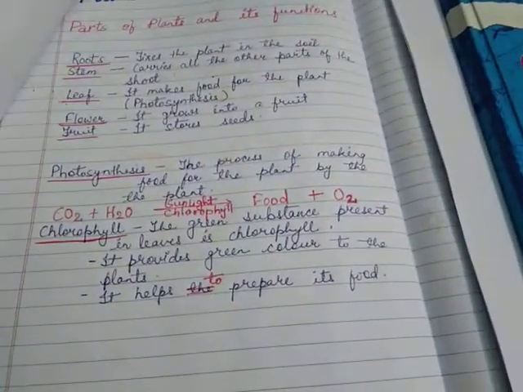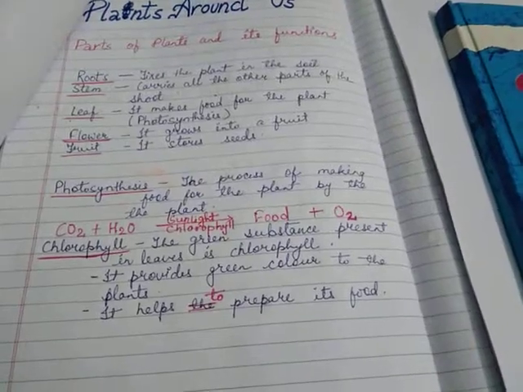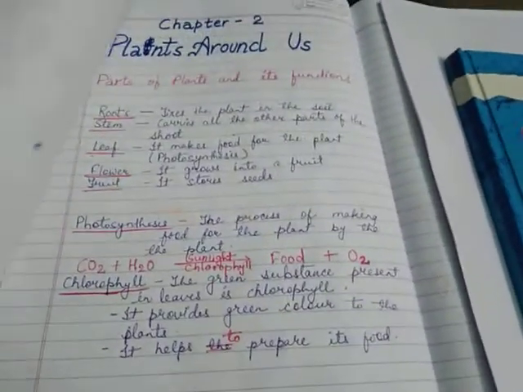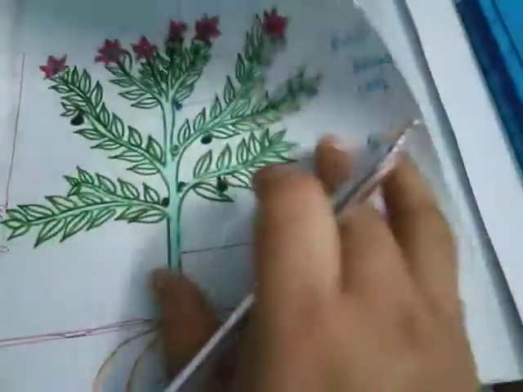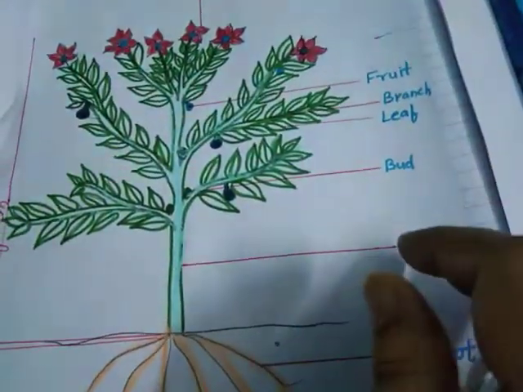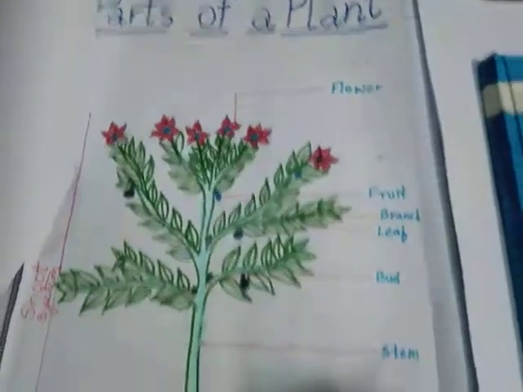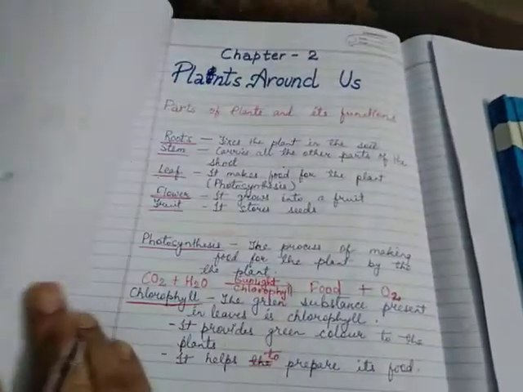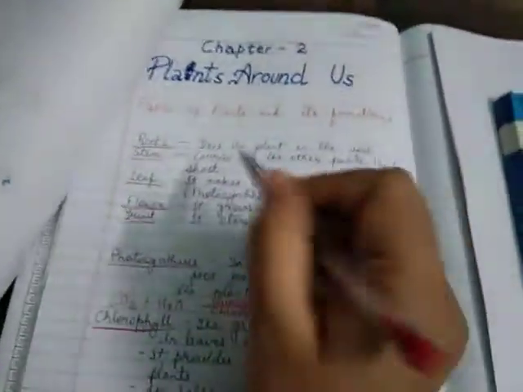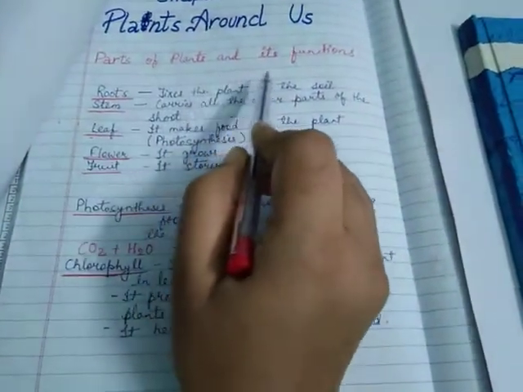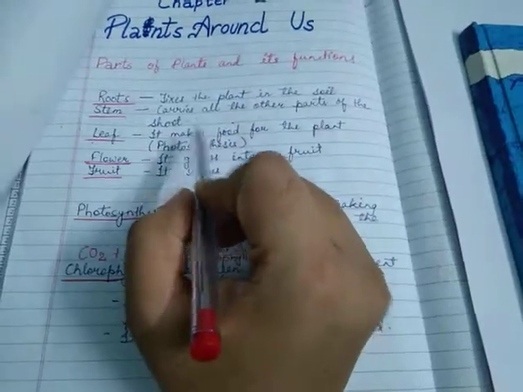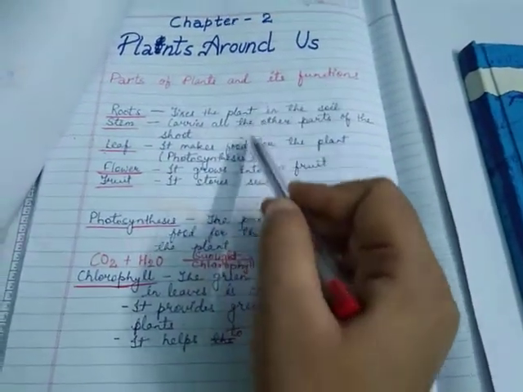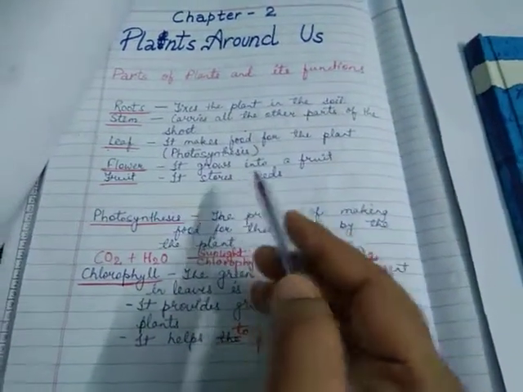Now, after this recapitulation, your homework is to draw and label a beautiful plant, and write about the parts of a plant and its functions.